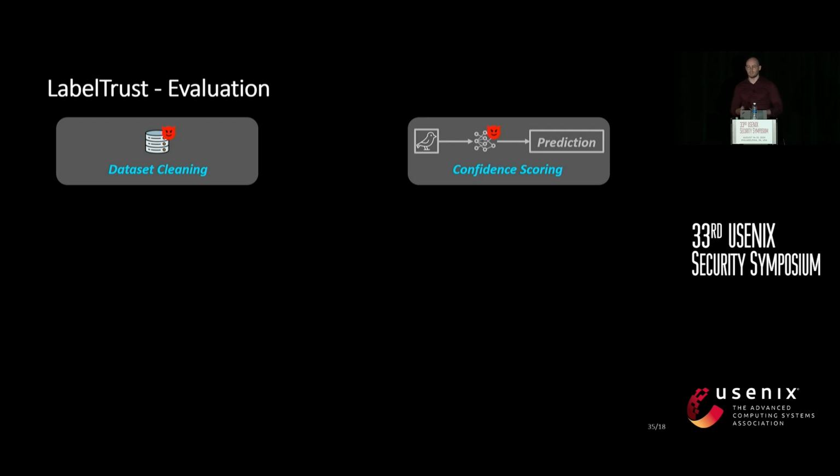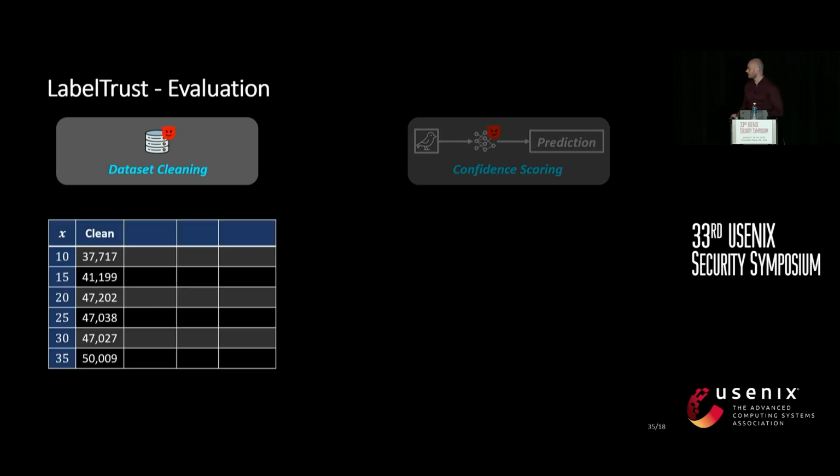First, dataset cleaning. For dataset cleaning, I show examples where we have a reference dataset consisting of 10 to 35 samples per class, meaning that a domain expert checked 10 samples per class, meaning 100 samples, or 350 samples, because we have 10 classes again.